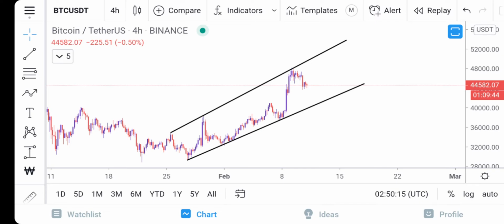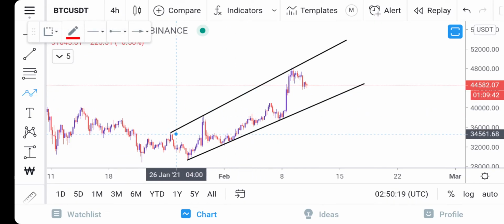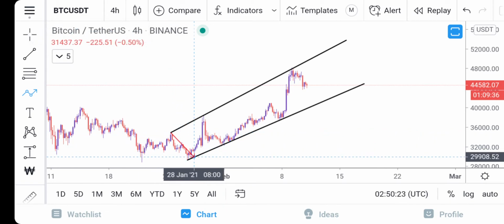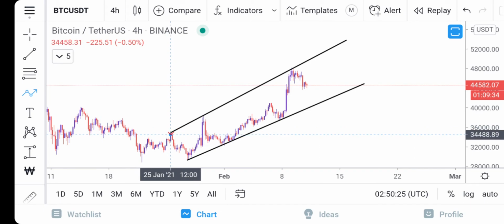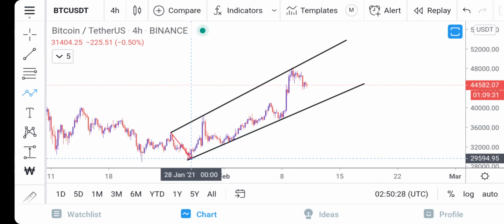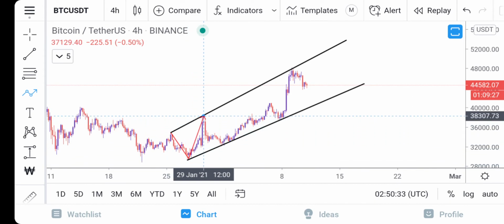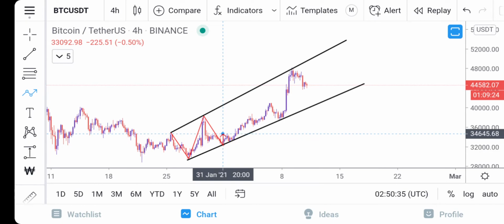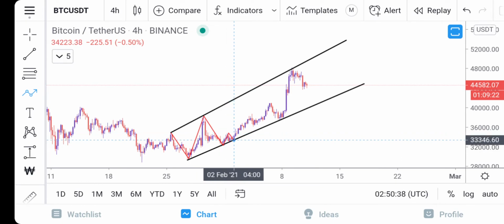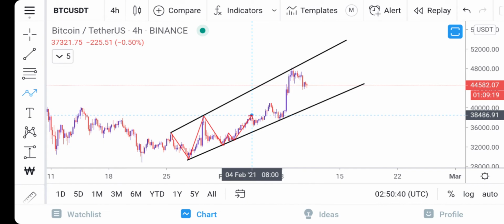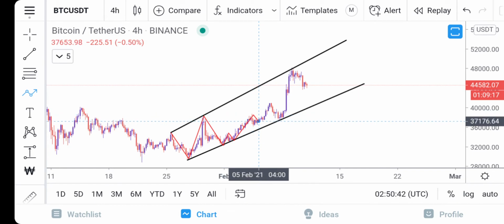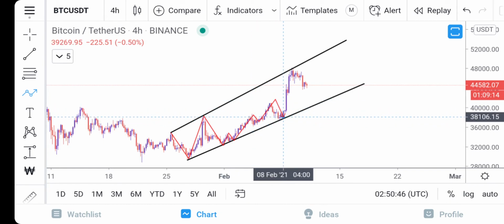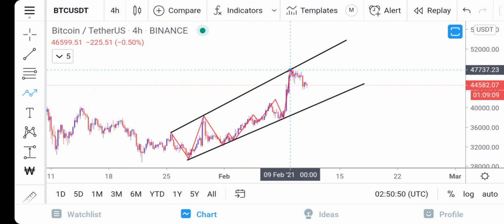So let me use the arrow to illustrate it again. Let's say the price moves from resistance to support, you buy the support, you sell at resistance, you buy the support, it forms a double bottom here, and you buy and keep holding till it gets to resistance, and you sell over here.